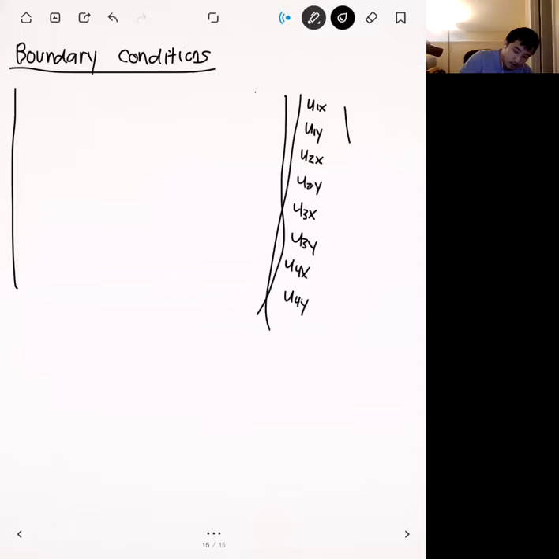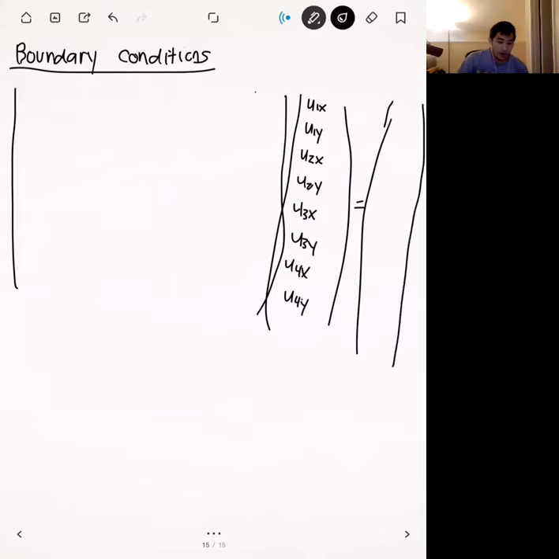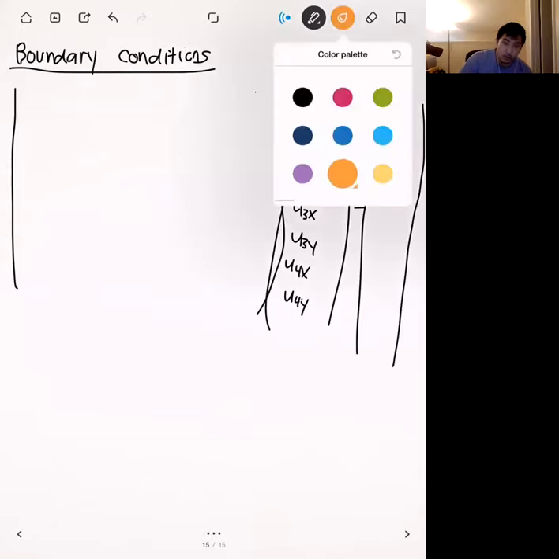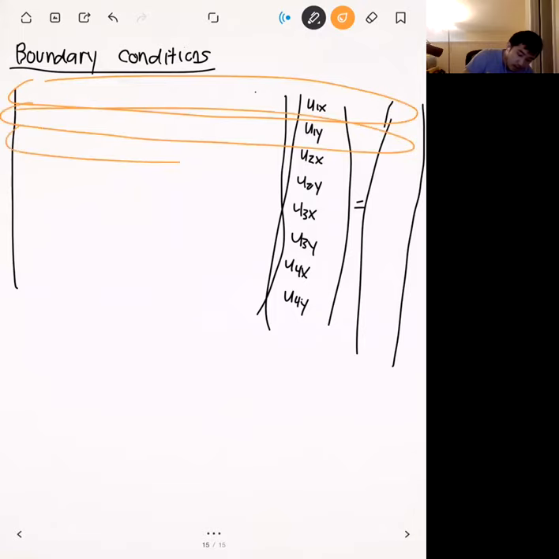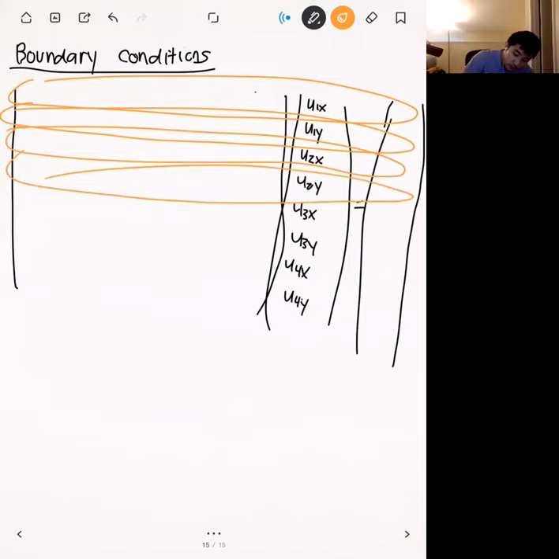Okay. And since we're going to need the right-hand side vector, let me go ahead and put that in there. Okay. All right. So first, let's do all of the rows that have to do with the supports. Okay. And so that's going to be the U1x row, U1y row, U2x, U2y, and then U3x as well.